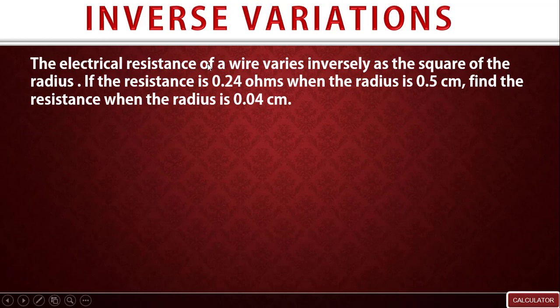So in this question, the very first thing is to look at the statement. The electrical resistance of a wire varies inversely as the square of the radius. So this "varies inversely" signifies that this question is based on inverse variation.